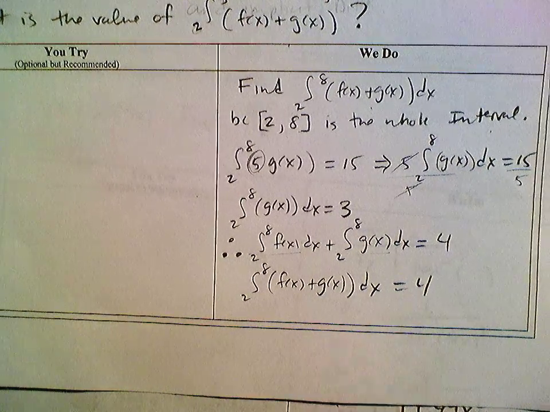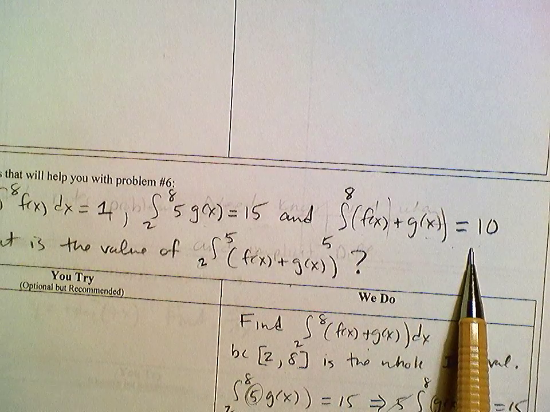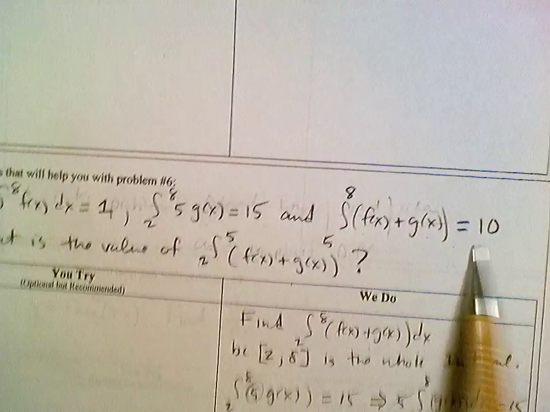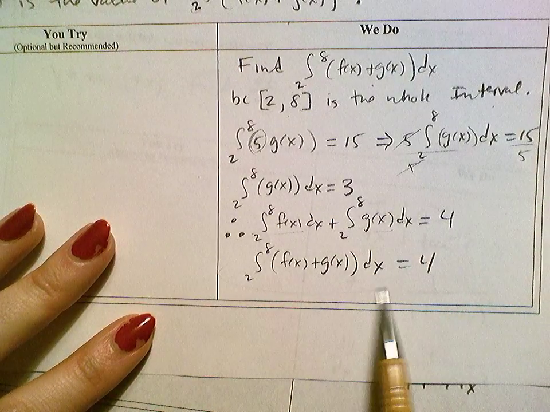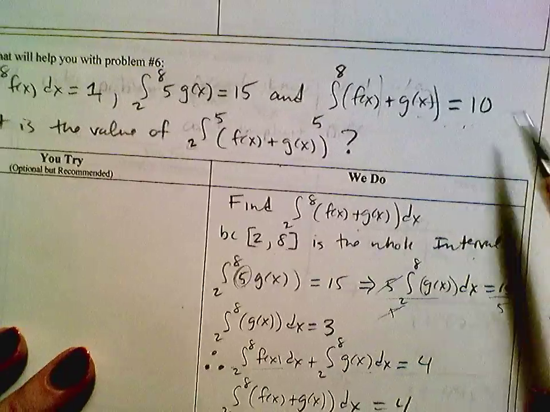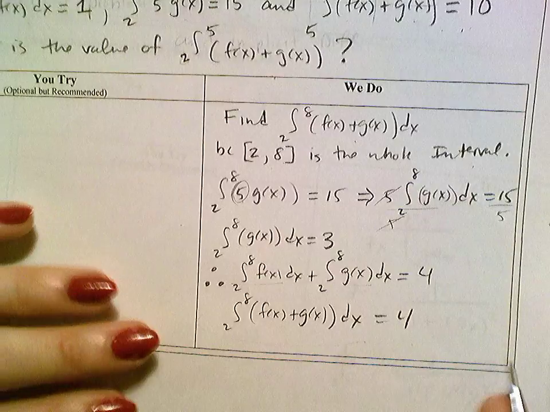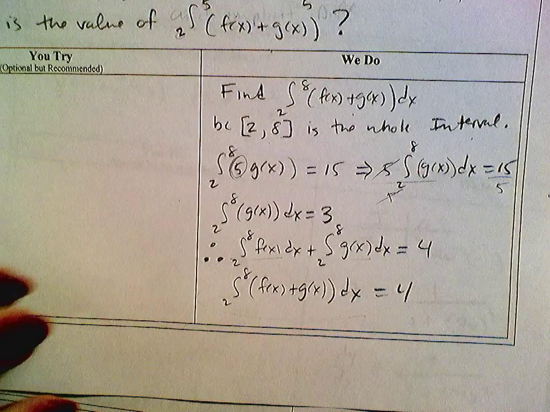So you've got that this is 10, and then you've got that this is 4, and then you want this. So basically, guys, you're just going to subtract 10 and 4. And you could stop taking notes now if that's clear, but I'll keep going if that's not clear.